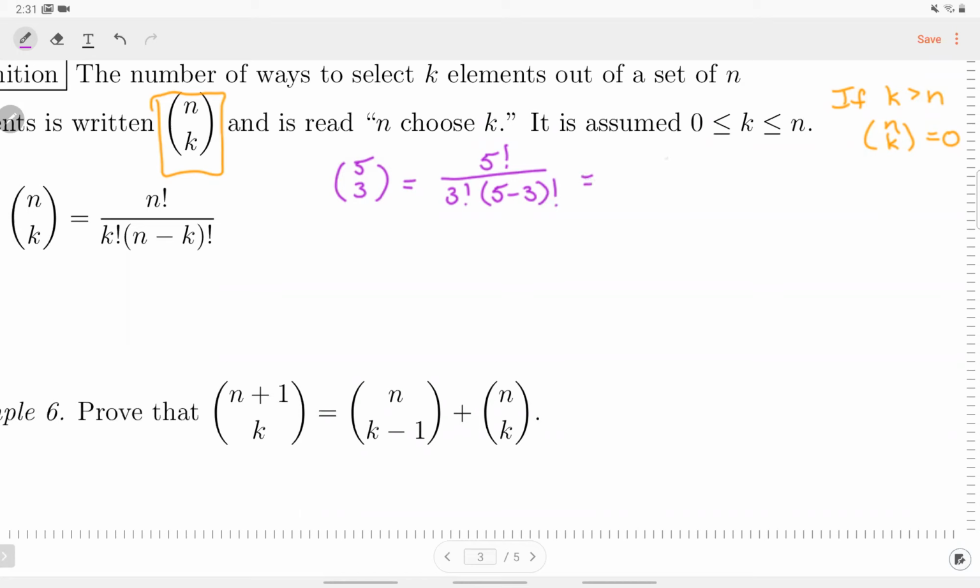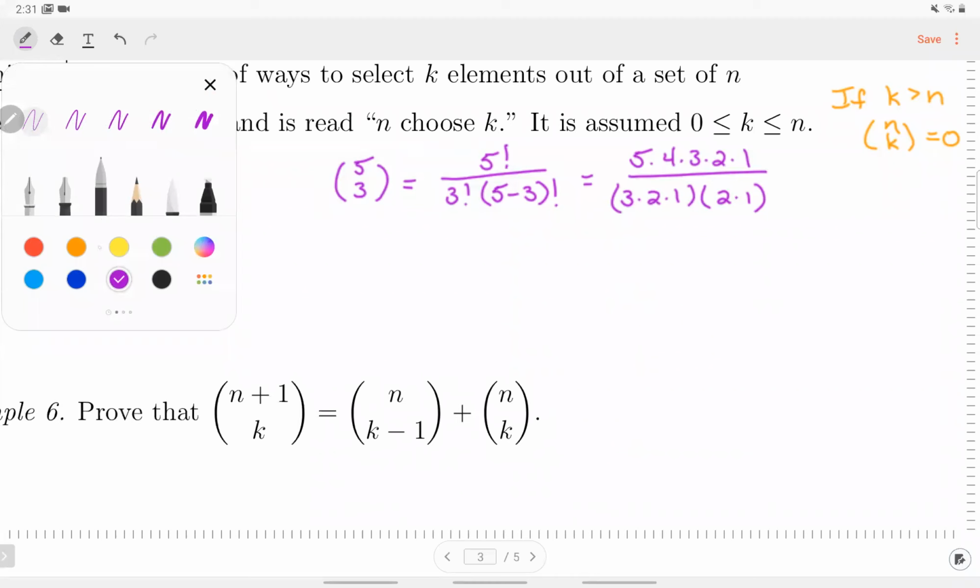All right. So I have 5 times 4 times 3 times 2 times 1 over 3 times 2 times 1 times, well, 5 minus 3 is 2. So I really have a 2 factorial in that second set of parentheses. So 2 times 1.